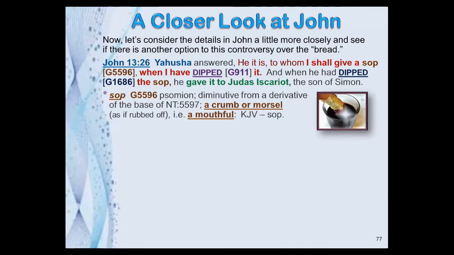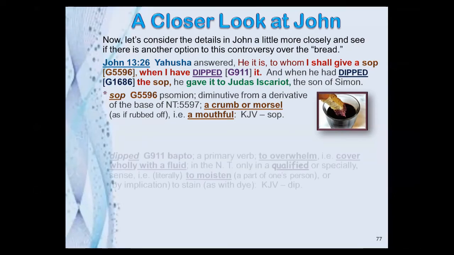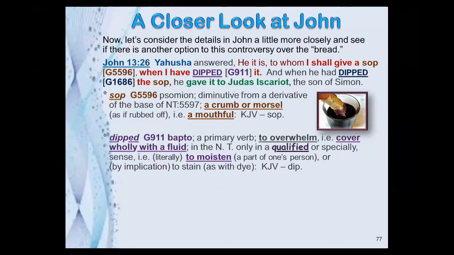Let's look at some of these definitions. Sop, Strong's 5596, psomion, is from a base of 5595. It's a crumb or a morsel or a mouthful, just a mouthful, something that was dipped. Now we have two words for dipped. They are very different numbers. Let's look at the first one.